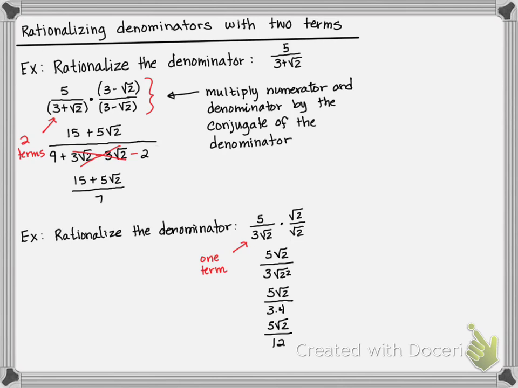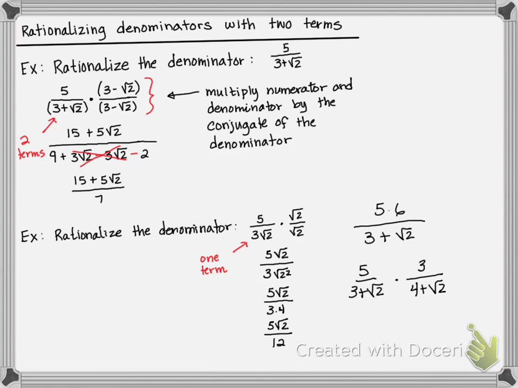So if you had 5 over 3 plus square root of 2, and then all times, say, 3 over 4 plus the square root of 2.